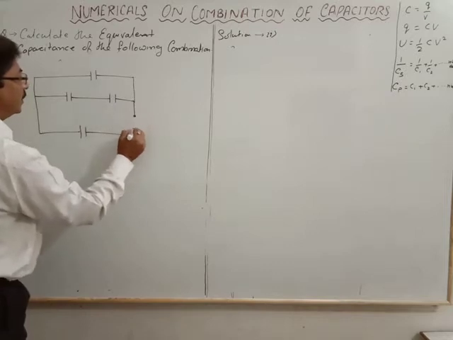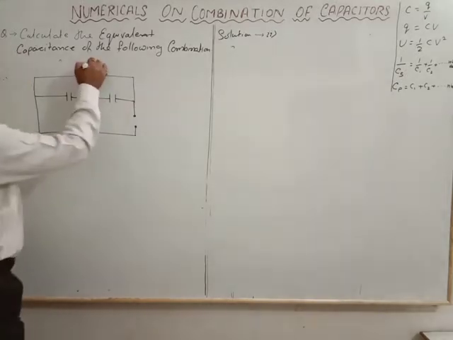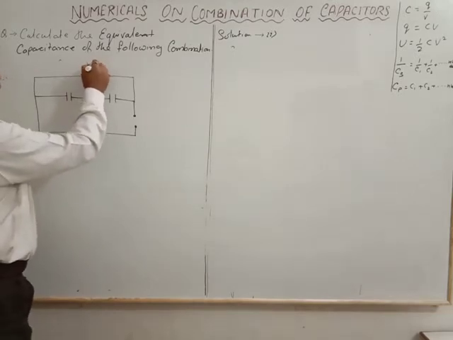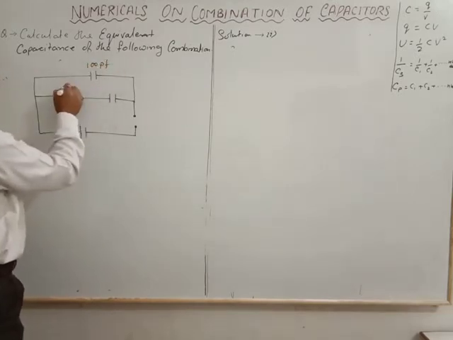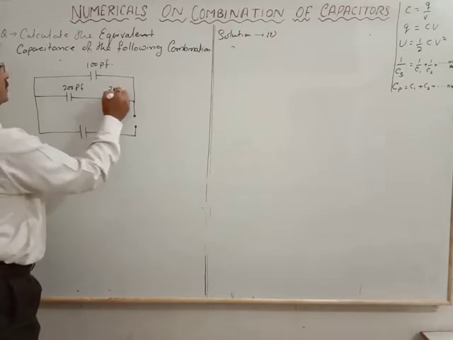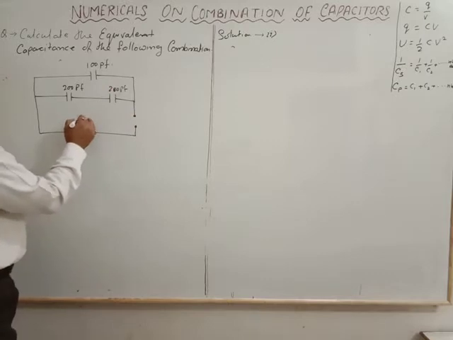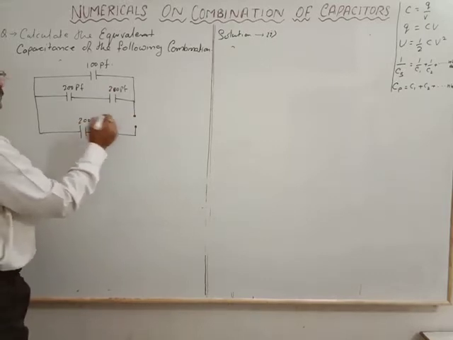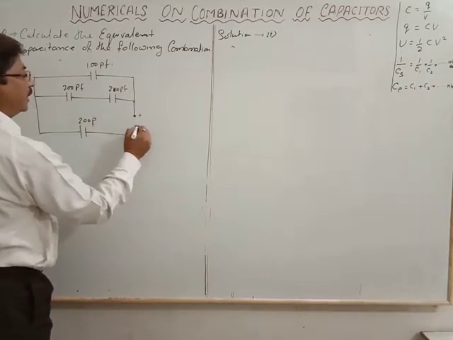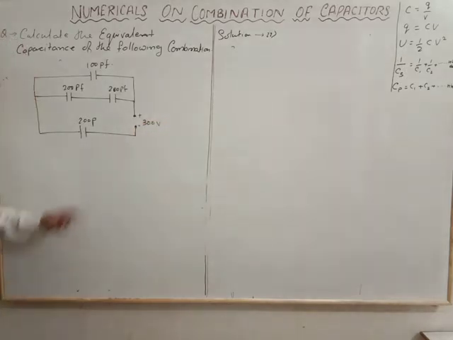Let's suppose there is a potential difference, and here this one is 100 picofarad, here 200 picofarad, 200 picofarad, and this is the 200 picofarad, connected to 300 volt. That is the third arrangement.